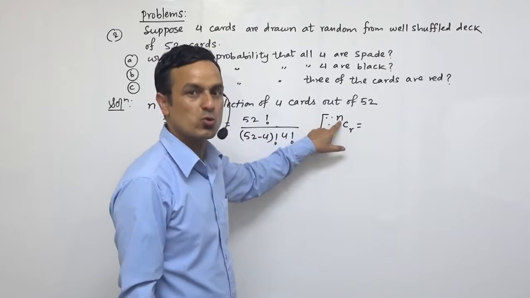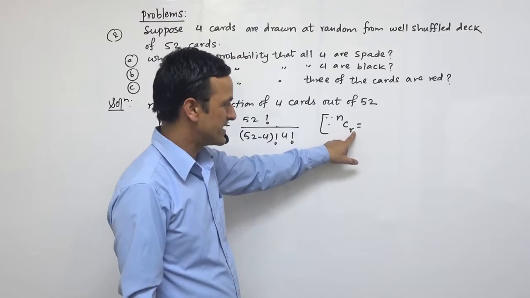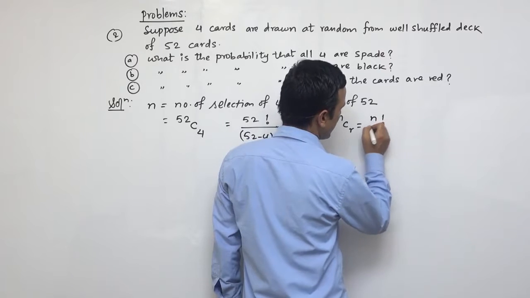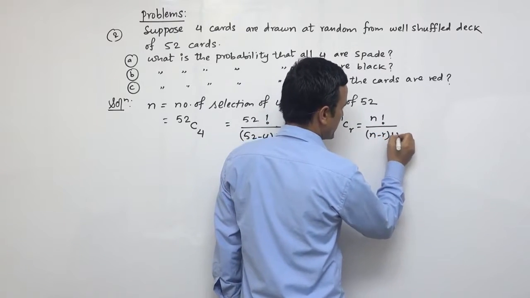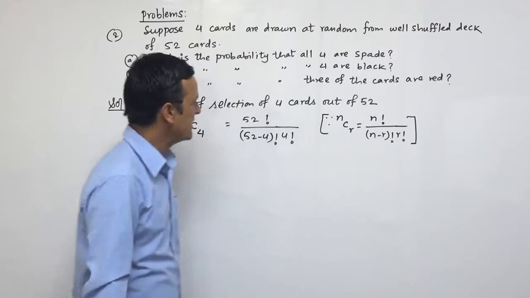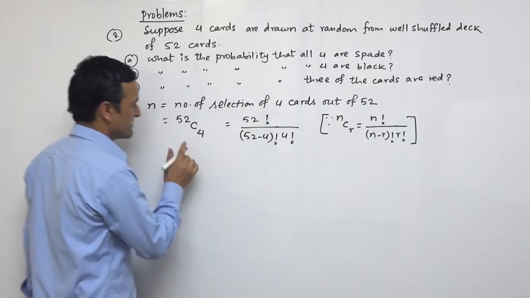This n is the total number of objects, and out of them we have to select only r objects at a time. Its formula is n factorial divided by n minus r factorial times r factorial. So this is the formula to find the number of selections from these objects.